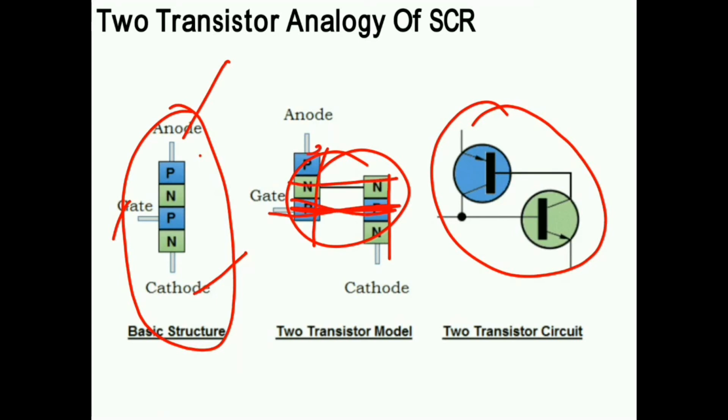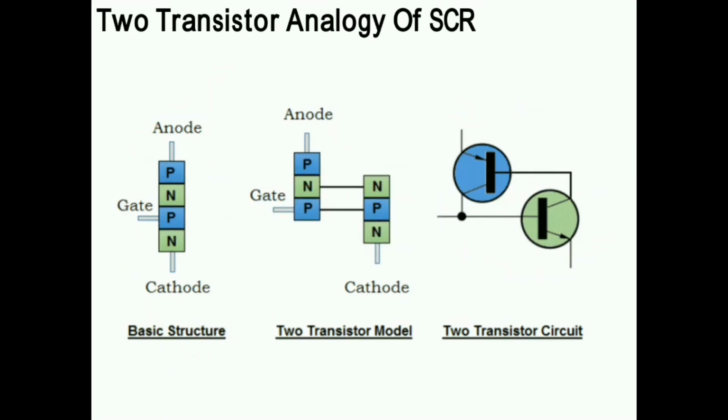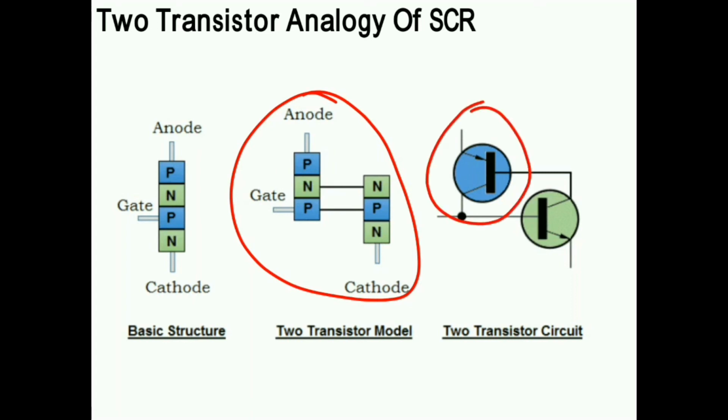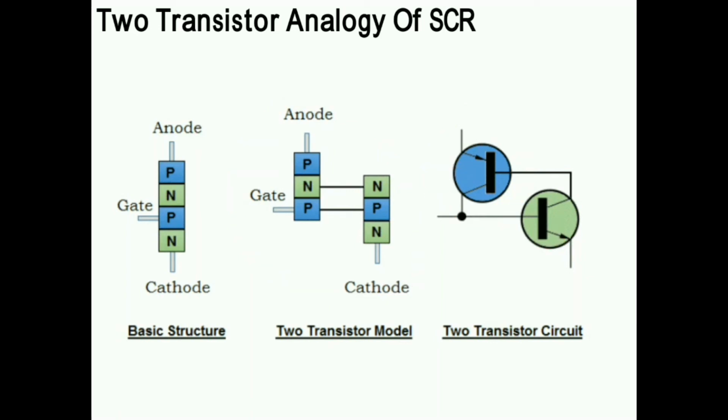So it is called the two transistor analogy of the SCR. Here is the symbolic structure of the two transistor circuit. This is the PNP transistor because the arrow is inside, and this is the NPN transistor because the arrow is outside.